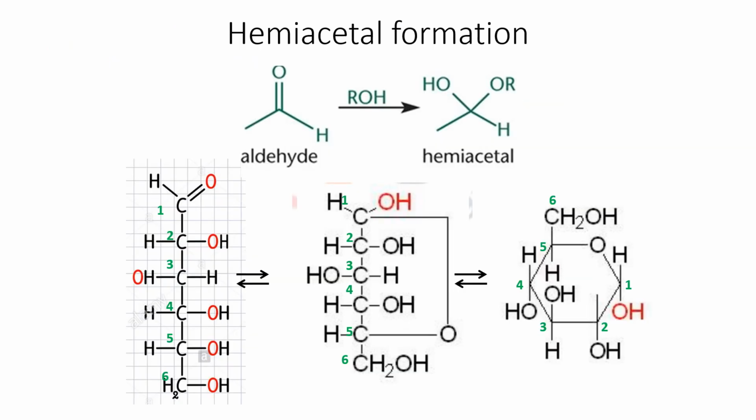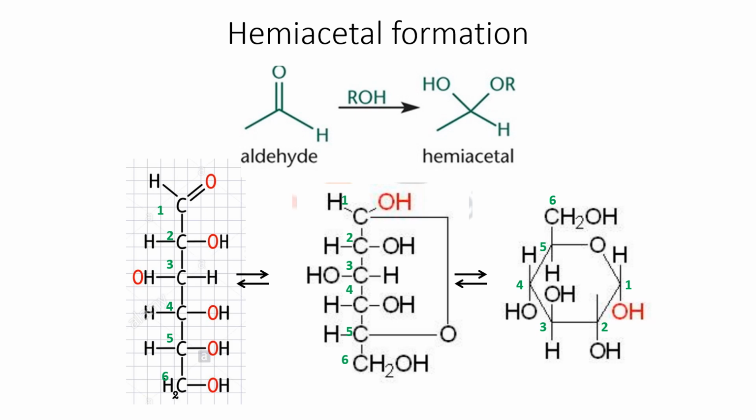Okay, now we'll learn how we'll make the cyclic structure. If you know the linear structure of a molecule, you can easily make out the cyclic structure of a molecule. So before coming to the pyranose form, how we'll draw the pyranose form, just learn how this cyclic ring forms. In this linear chain, an intramolecular hemiacetal formation reaction takes place.